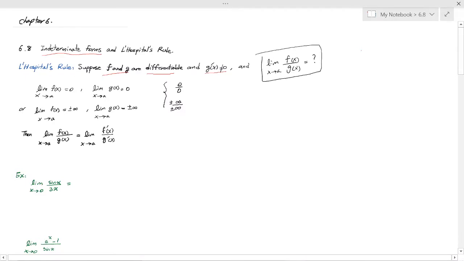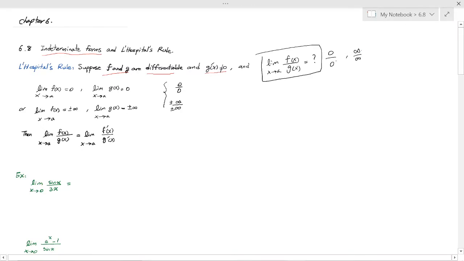This limit, if both numerator and denominator are well defined, is just the limit of the numerator divided by the limit of the denominator. But in some cases, the limit of the numerator turns out to be 0 as well as the denominator. If you remember, this was an indeterminate form because we could have simplified the function, then calculated the limit. Or sometimes you have infinity divided by infinity, which we don't know the value of.